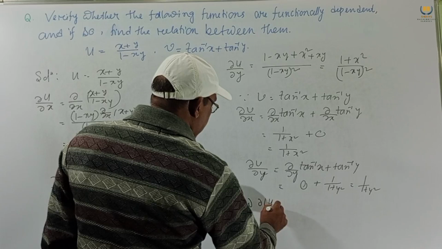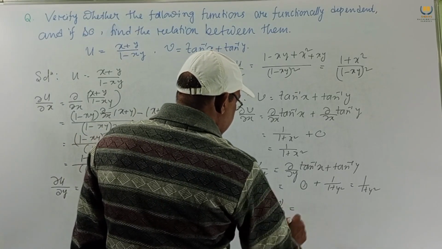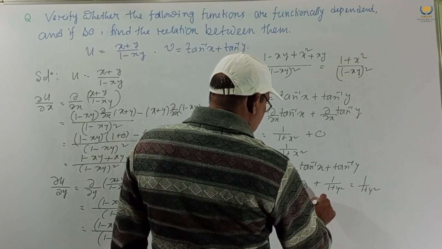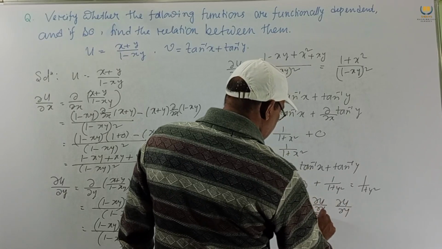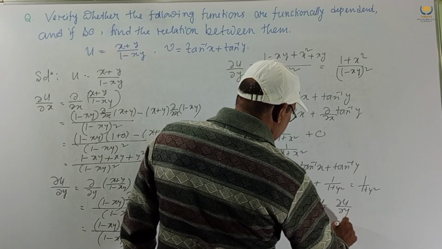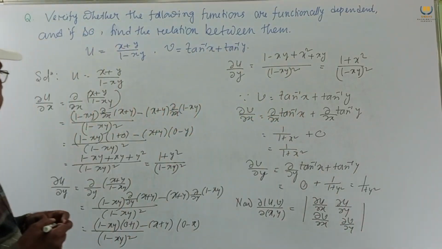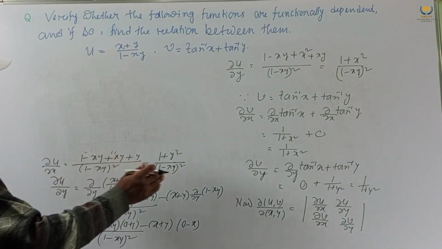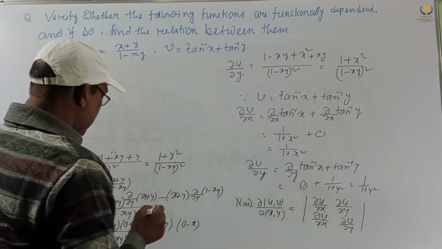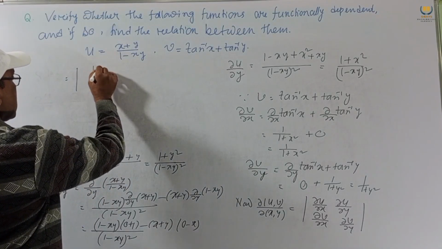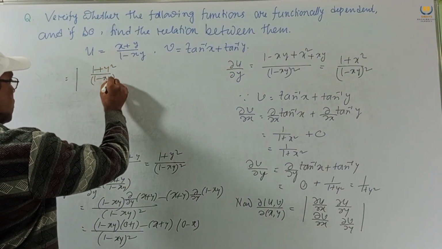We get this one. Now our requirement, now del(u,v) by del(x,y), this equal to the determinant of del u del x, del u del y, del v del x, del v del y. We get this. Now putting the values, del u del x, we get 1 plus y square by 1 minus xy whole square.